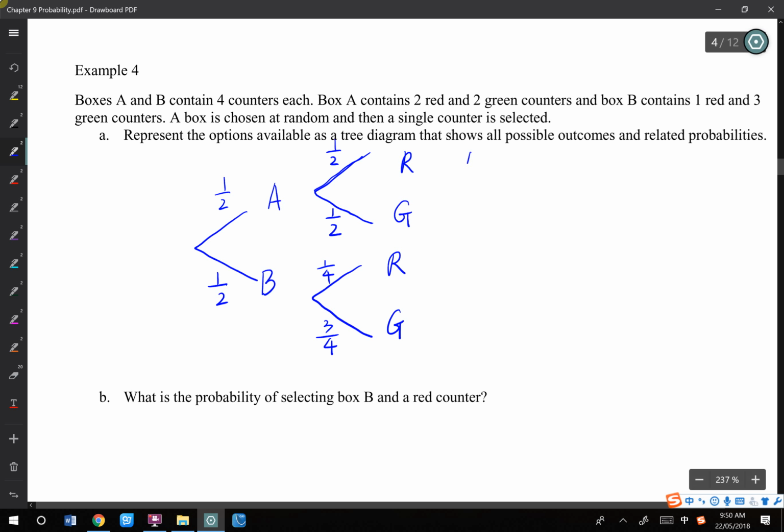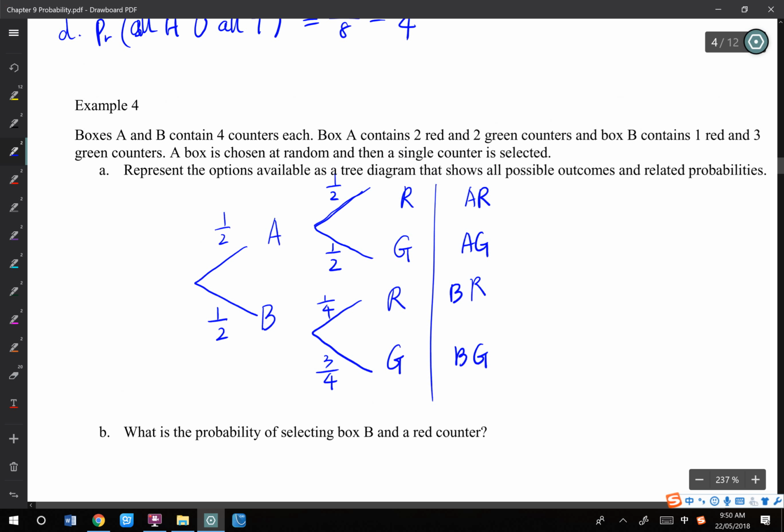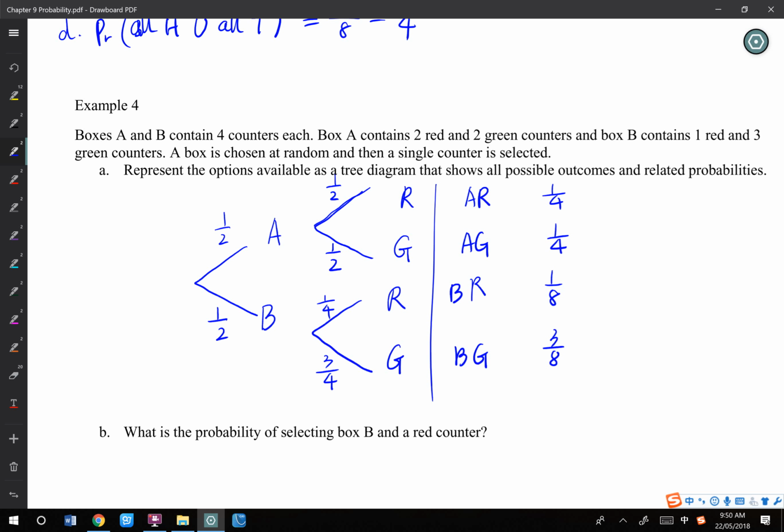I can have box A red, box A green, box B red, box B green. So I have a quarter of this, a quarter of this, 1/8 of that, 3/8 of that. You add up everything and it should give you 1. That's the result and the probability of that particular result. This is not equally likely events anymore.